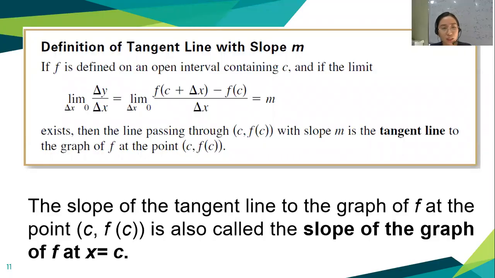So the general definition of the tangent line with slope m: if your function f is defined on an open interval containing c, and if the limit as delta x approaches 0, which means the change in x is getting closer and closer to 0, remember that delta x is the change in x.